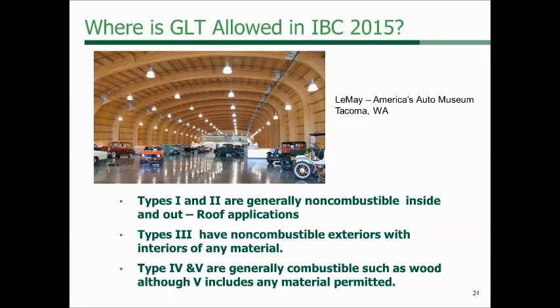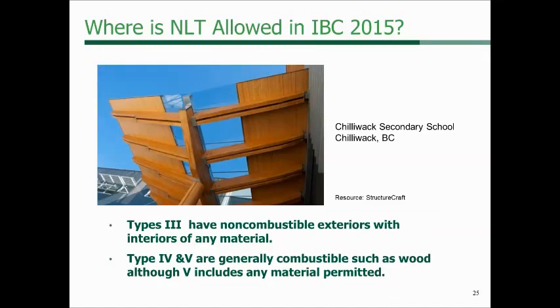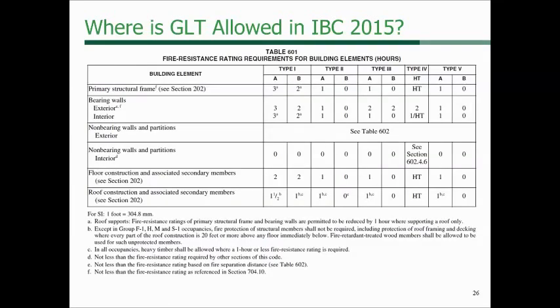And we'll look at a table where it actually specifies the allowance of heavy timber construction. The other application is nail-laminated timber, which is allowed under type 3 construction or type 4 and type 5 construction. And then I mentioned the application of roofs, glue-laminated timber in the roof system.